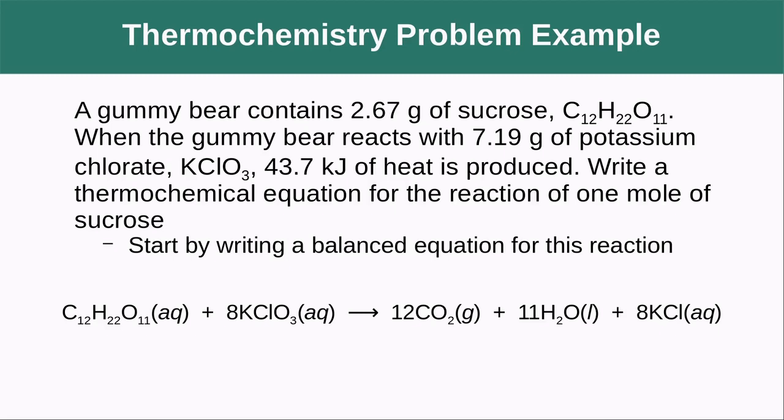We're going to start by writing a balanced equation for this reaction. It's a little bit of a tricky one, but I did it for you down here. We start with sucrose and add 8 moles of potassium chlorate. This is a combustion reaction, so we wind up with CO2, water, and finally potassium chloride salt as the breakdown product of our oxidizing agent, potassium chlorate.